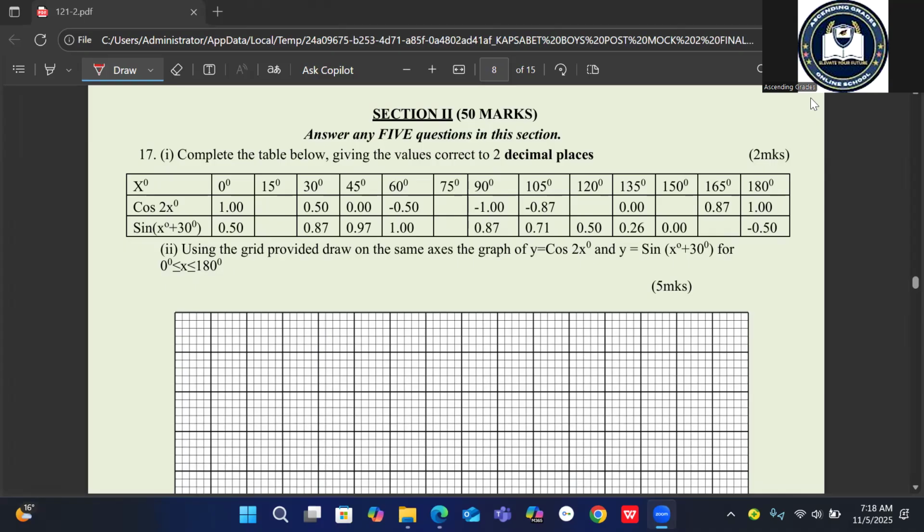We have x equal to 15 degrees, cos 2x, which is the same as cos 30, which will be 0.87. So we fill it there.